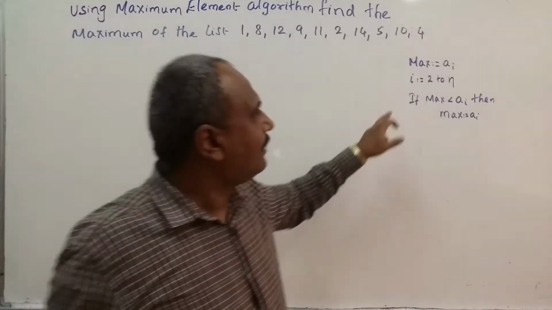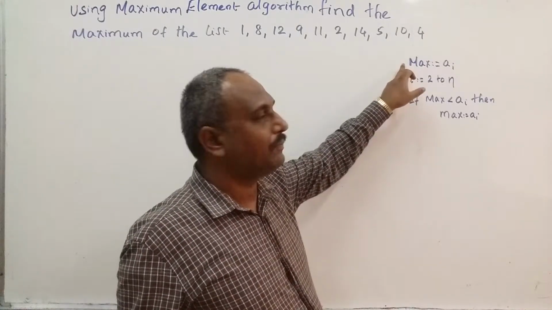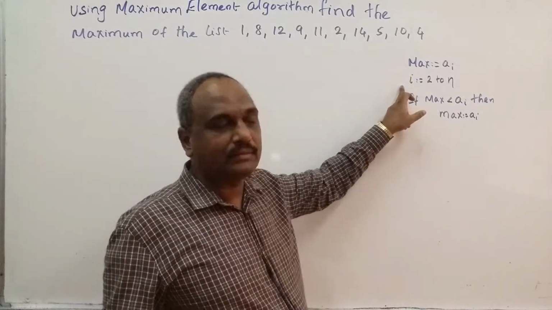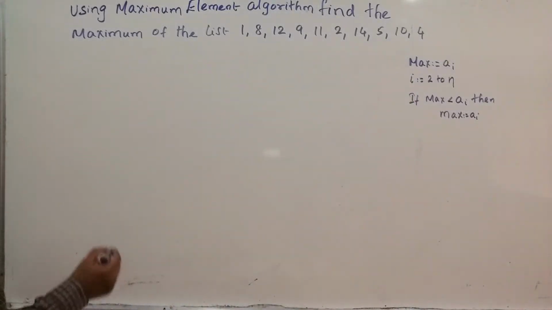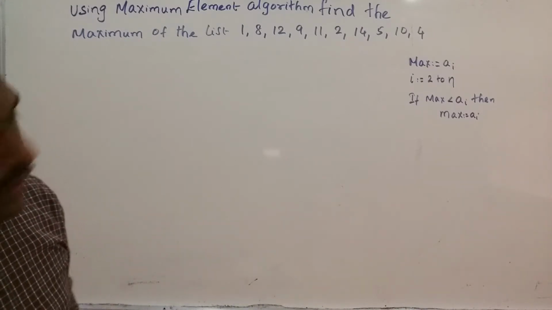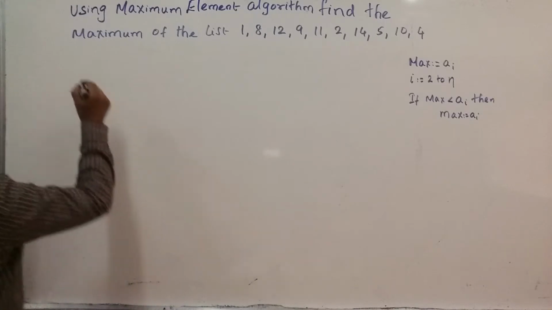So here we have two things. First I am going to make the assumption, and then I am going to make this loop. For our convenience, I am going to take the steps. How many steps do we have?